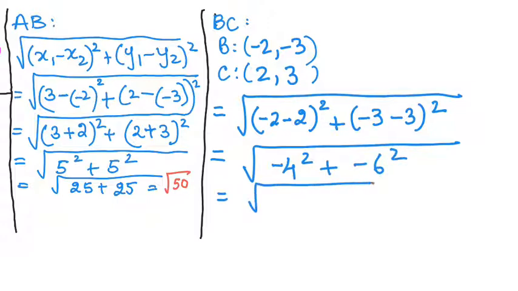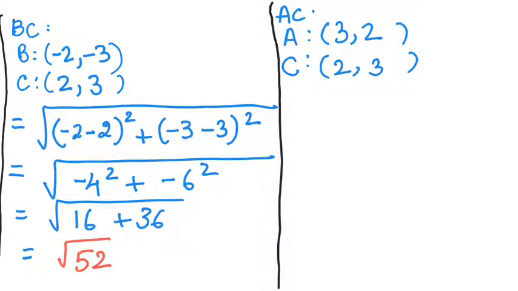That is, -4 square is 16 and 6 square is 36. 36 plus 16 is 52, so root of 52.